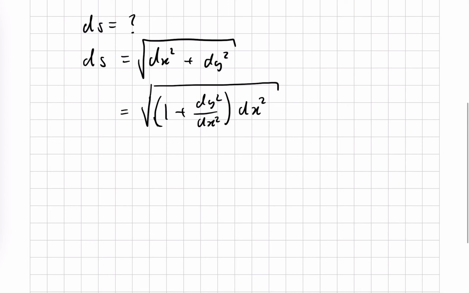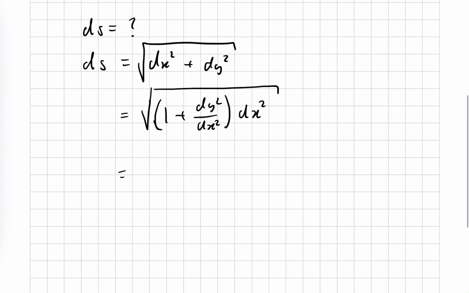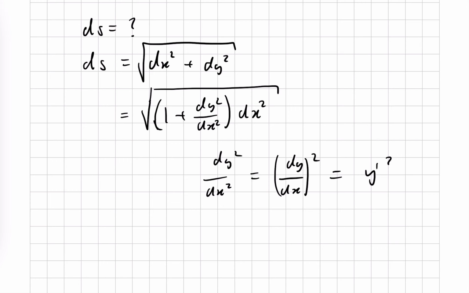Now we see that dy squared over dx squared is the same as dy over dx all squared, which is equal to y prime squared. And in the expression above, we can take dx squared out of the root, so it becomes dx.